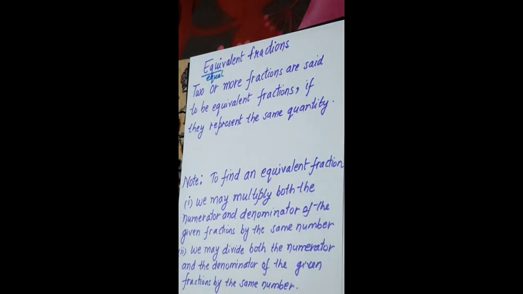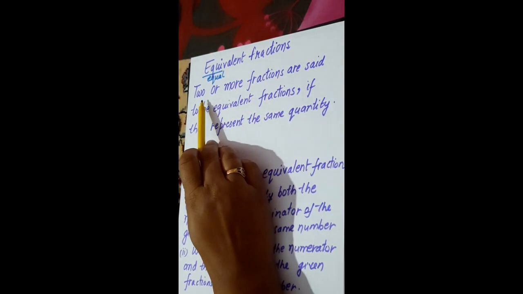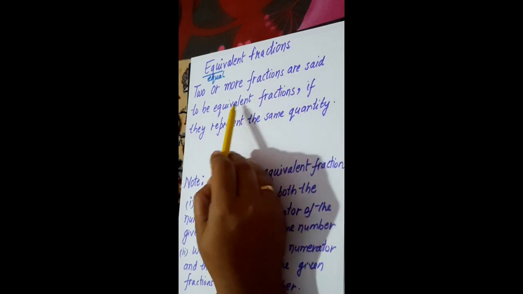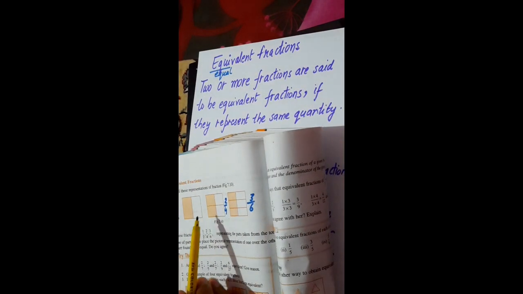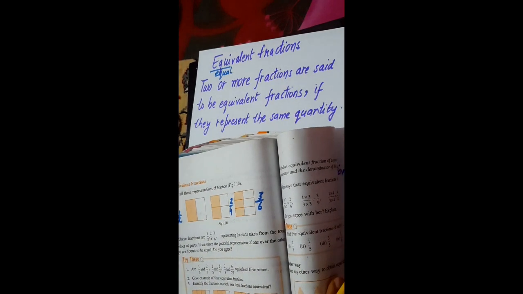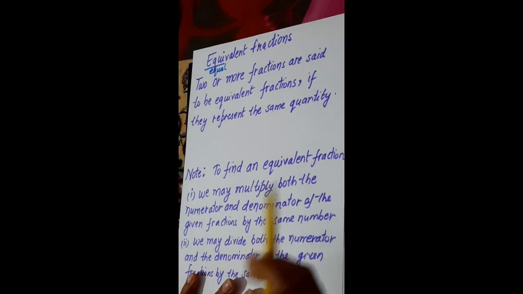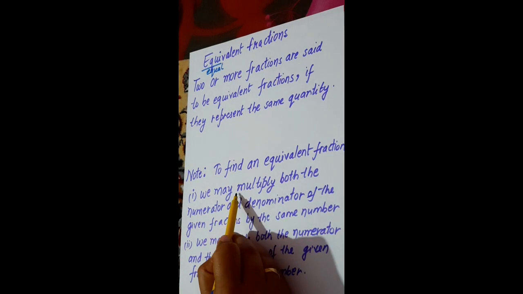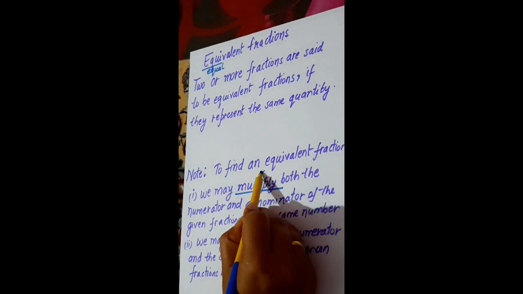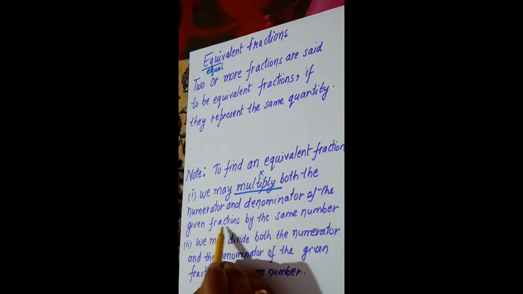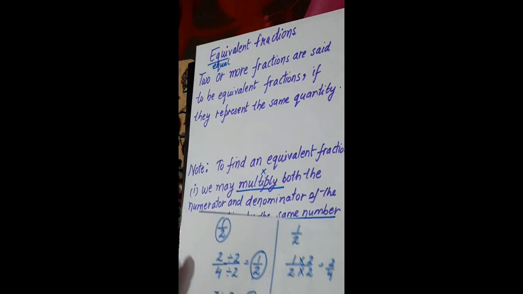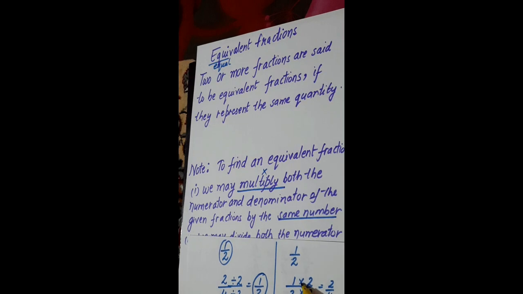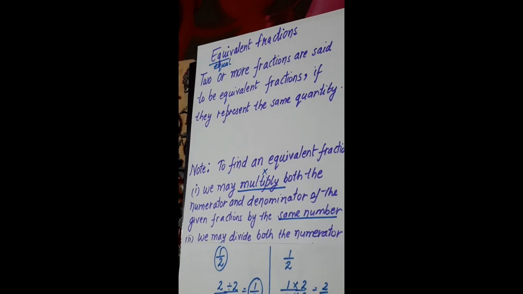Two or more fractions are said to be equivalent if they represent the same quantity, and here all three fractions represent the same quantity. To find an equivalent fraction, we may multiply both the numerator and denominator of the given fraction by the same number, which we have done here.